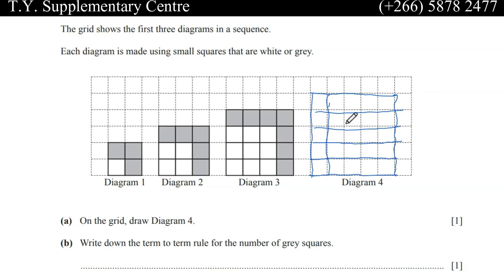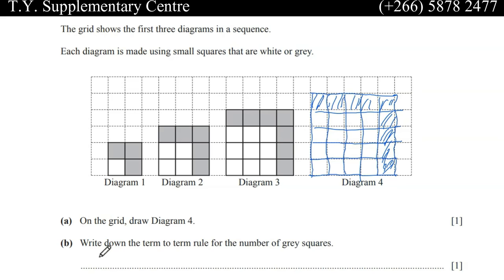This is what we should draw for diagram 4. And then for the smaller boxes that are shaded, you can see that it's the top boxes that are shaded, and then the boxes on the right. So we'll have to do the same thing here. That will be all for number A.